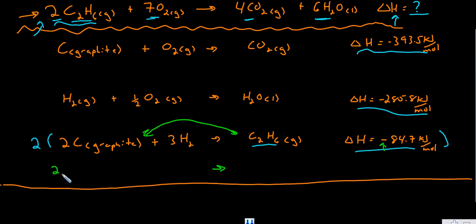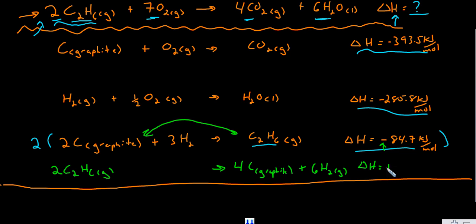We should have 2 C2H6s in gaseous form on the left. And then on the right we should have 2 times 2, 4 carbons in graphite form plus 2 times 3, or 6 hydrogens in gaseous form. And the delta H, we're going to flip the sign as we flip the reaction.